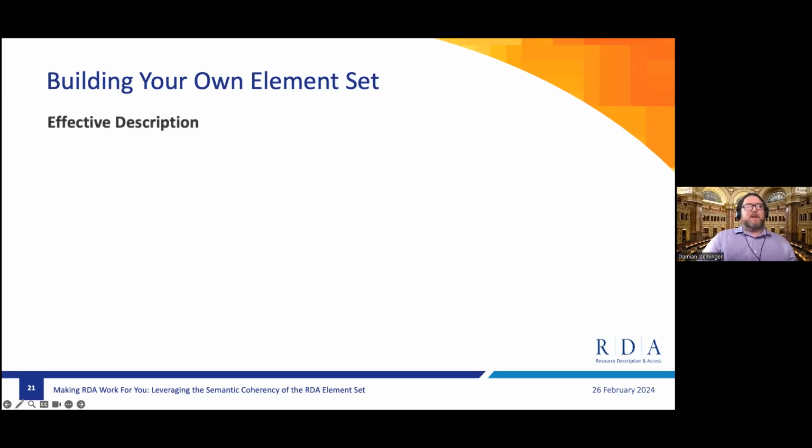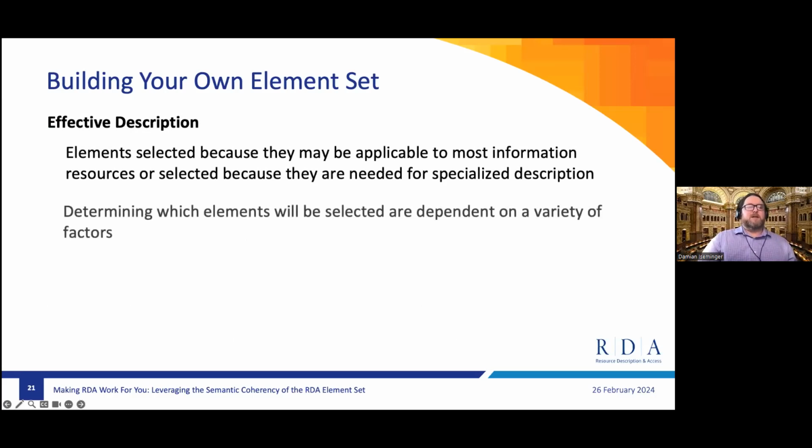And that's where we get into effective description. So elements are selected because they may be applicable to most information resources, or they're selected because they are needed for specialized description. So then the trick is determining which elements will be selected. They're dependent on a variety of factors.